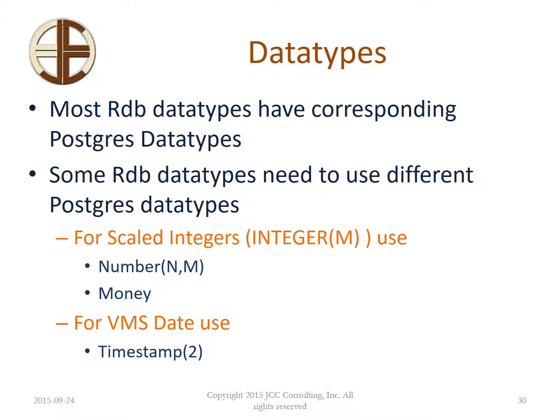In the case of Postgres, most RDB data types have corresponding data types in Postgres. There are a couple of data types that we need to change in this example. For scaled integers in an RDB database, we needed to use a number data type in the target or a money data type. For VMS date in the source database, we used timestamp 2 data types in the target.